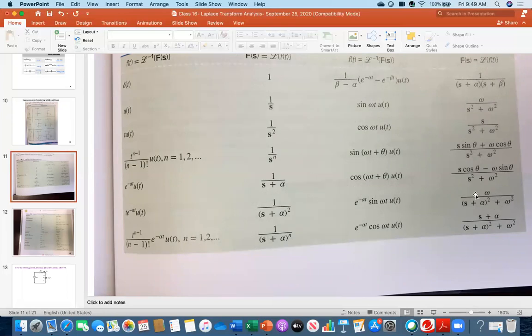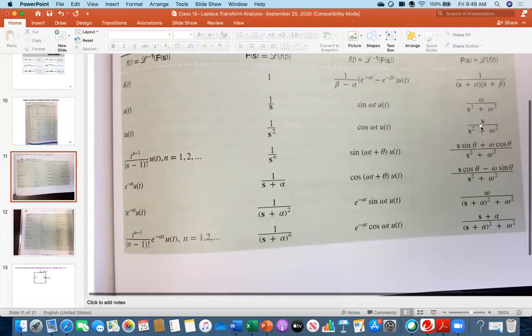If this is the format, then this will be your time domain function, sine omega t multiplied by e to the power minus alpha t. Therefore, by looking at this pattern, I was able to tell, okay, its time domain function is this one. Everybody, could you follow me? Yes. Therefore, you have to match.